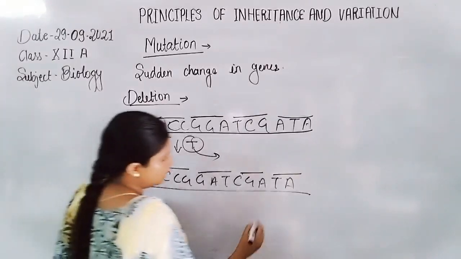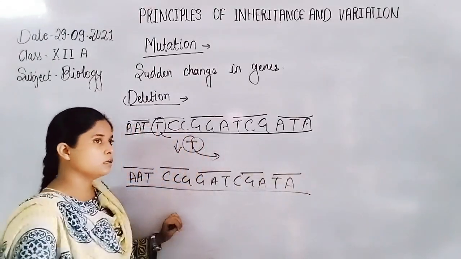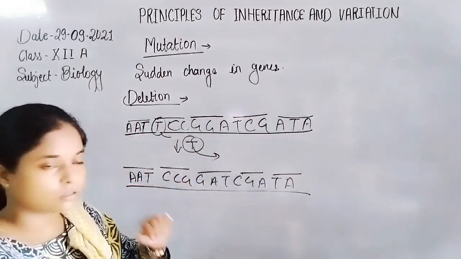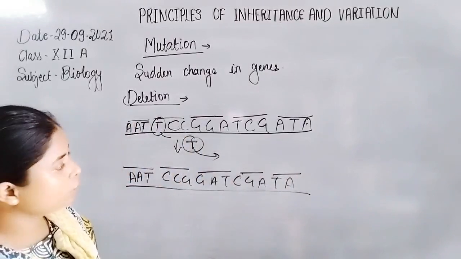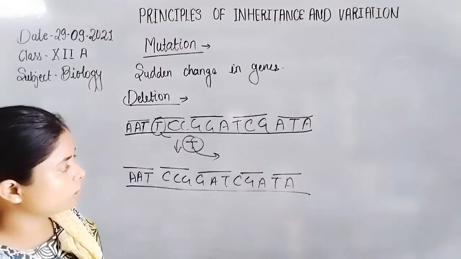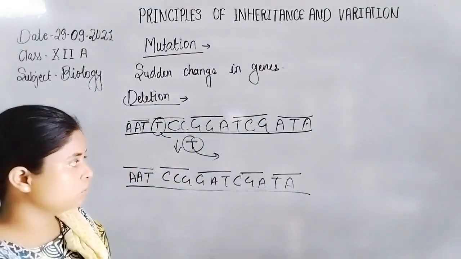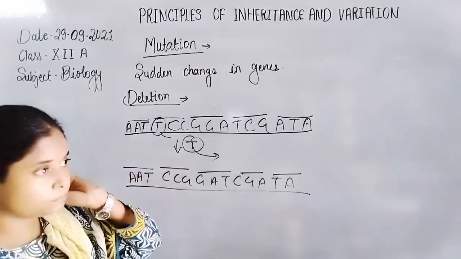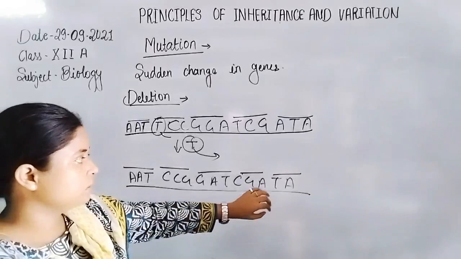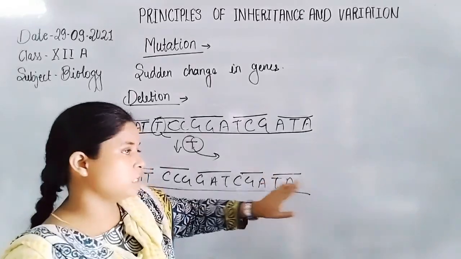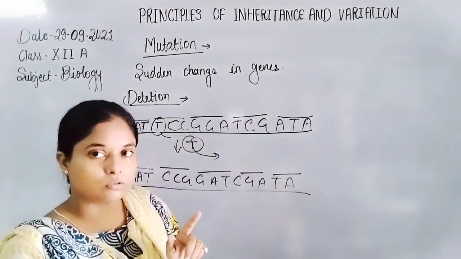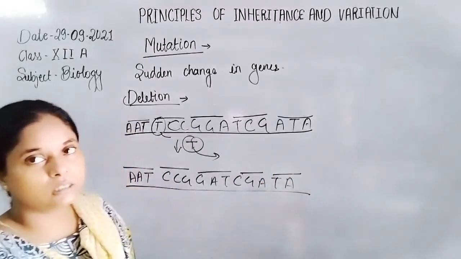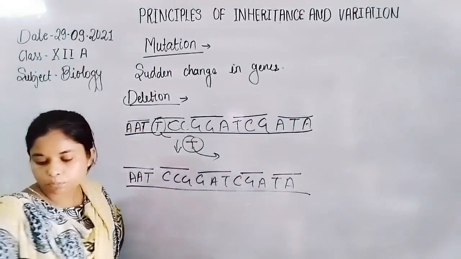If this last nucleotide is removed from the last or end of the DNA, then no frame shift results, but even that can cause a change in a single amino acid, which may result in a change in the protein chain.